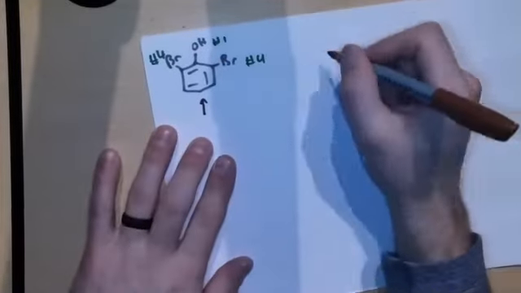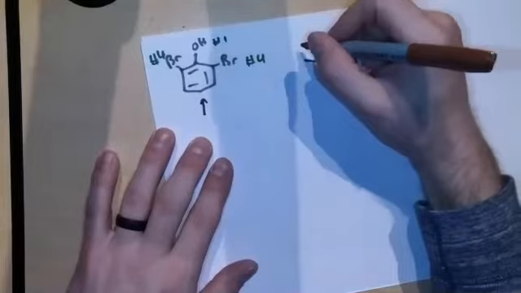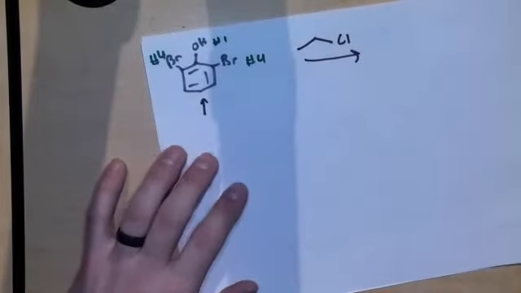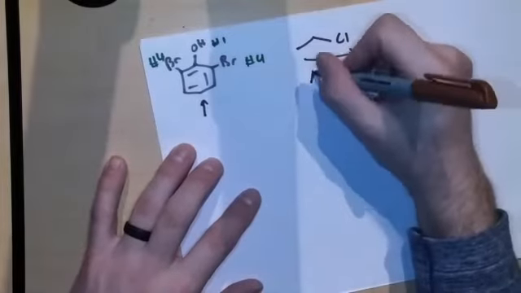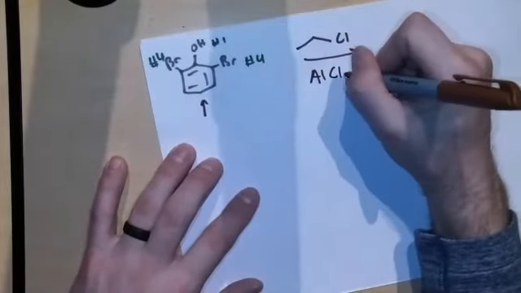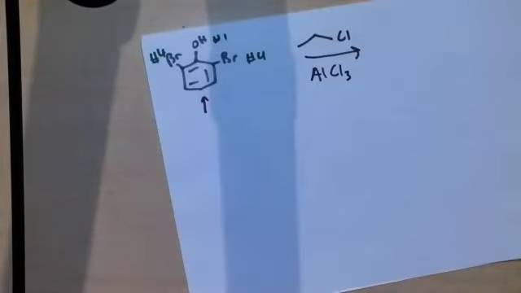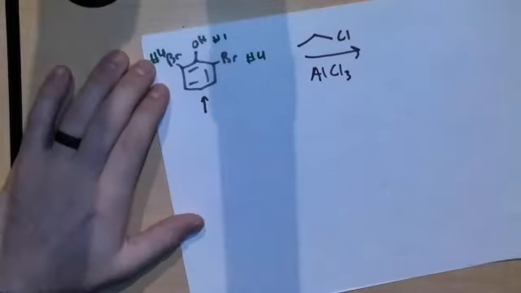If I add in an alkyl halide with AlCl3 here, this is going to make a really similar complex to what we were making with just Cl2.